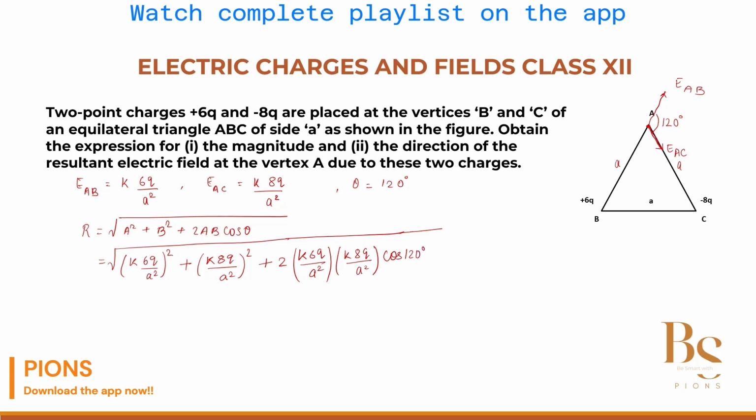I hope now you know why I have taken that 1 by 4 pi epsilon naught as K. You can take it as 1 by 4 pi epsilon naught, but it will look more complicated for you. So to avoid that, I just took it as K.